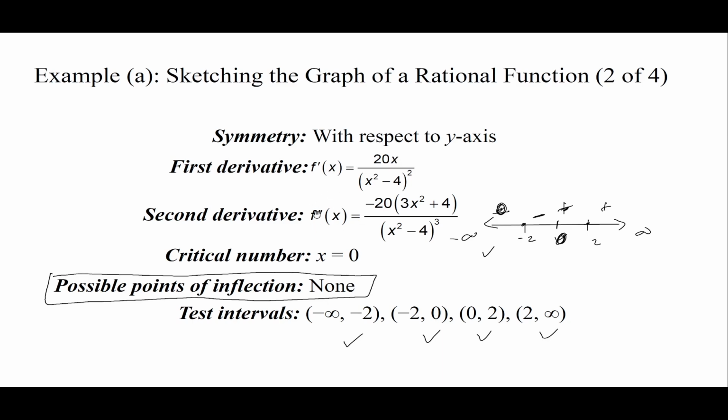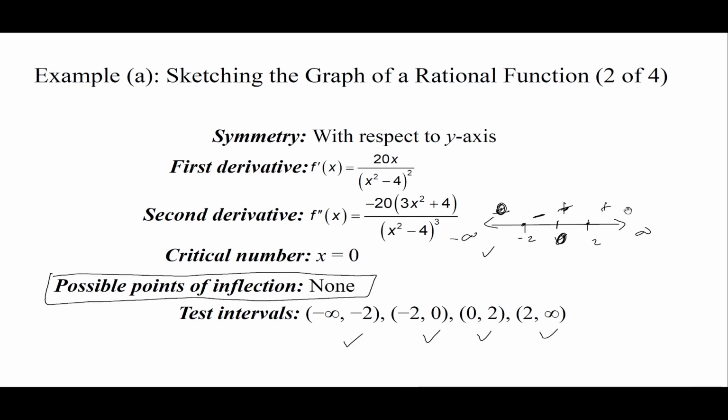And if you look at the second derivative here, this is a little bit tricky. If you pick something less than -2 or greater than +2, this part would be positive, right? This is always positive because of a square, and there is a negative, so -20 times positive is negative.